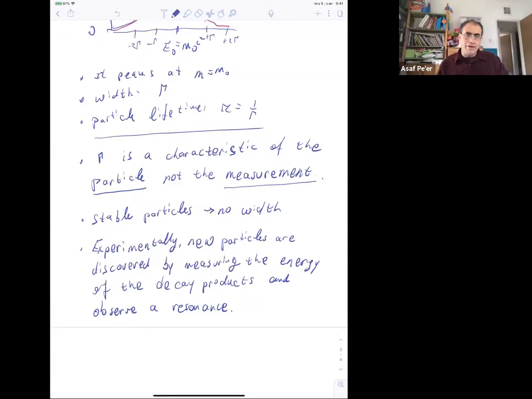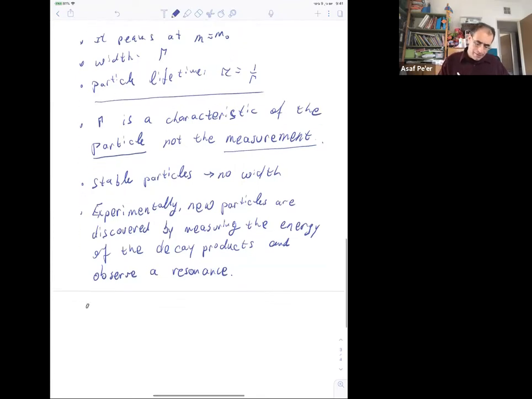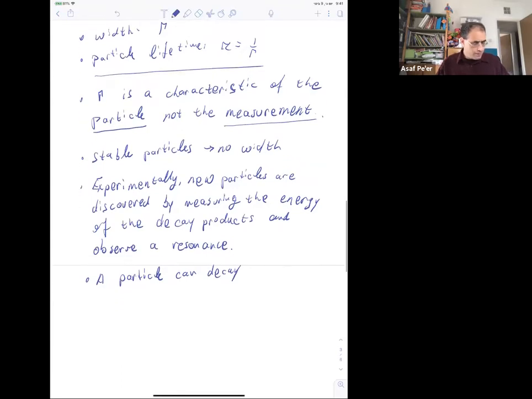Now, a particle can normally decay in several different ways. The terminology for that is channels. So we have a decay channel. Each can have a different probability. So let me write down: a particle can decay in several different ways. These are called channels.